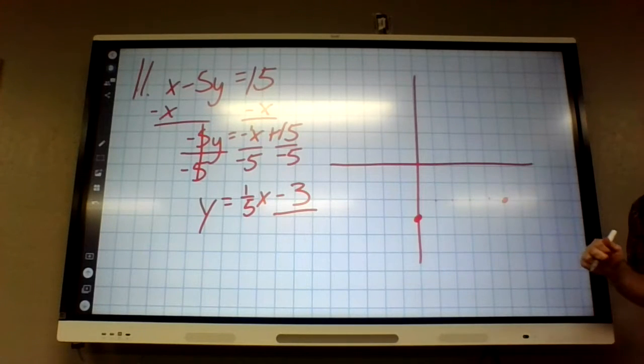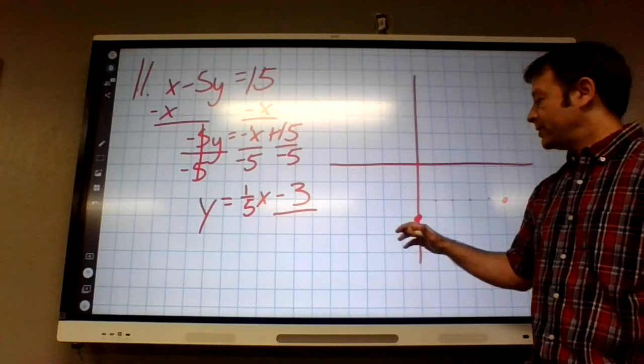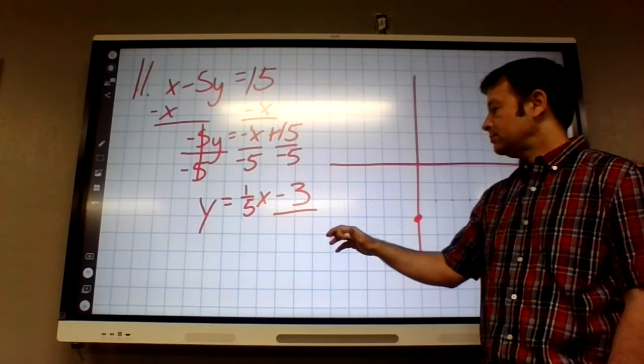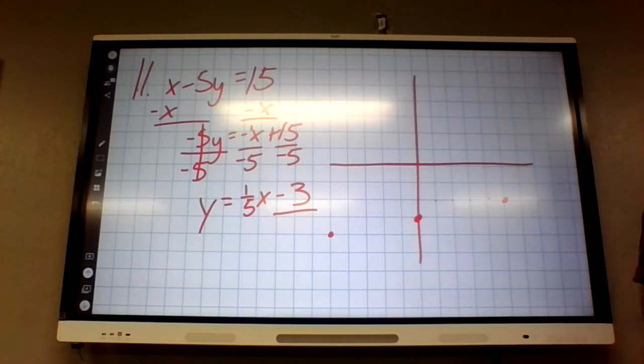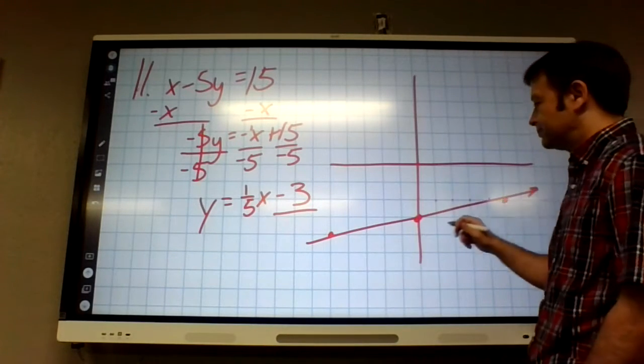Remember how I made you use 3 points on this? So where could I put another point? Backwards. So down 1, back 5. If you do it right, it should be on the same straight line.